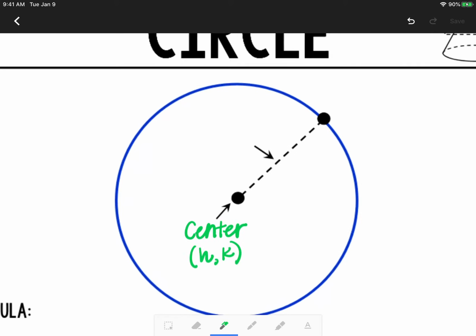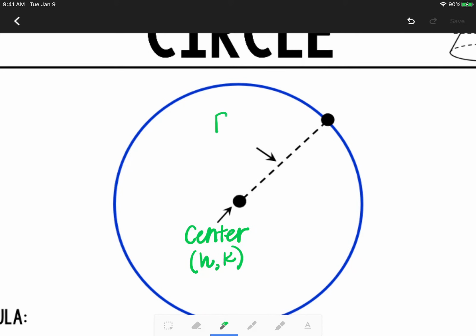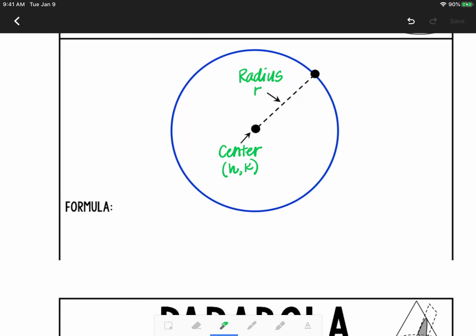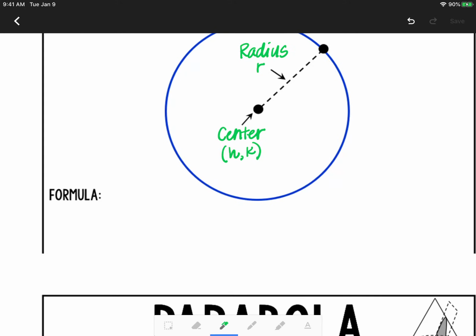And this right here is the main defining feature of a circle, and that is the radius. The definition of a circle is a set of all points equidistant from the center. Well, this is that distance when we say equidistant from the center. So if we know the center and we know the radius, let's write out that formula.